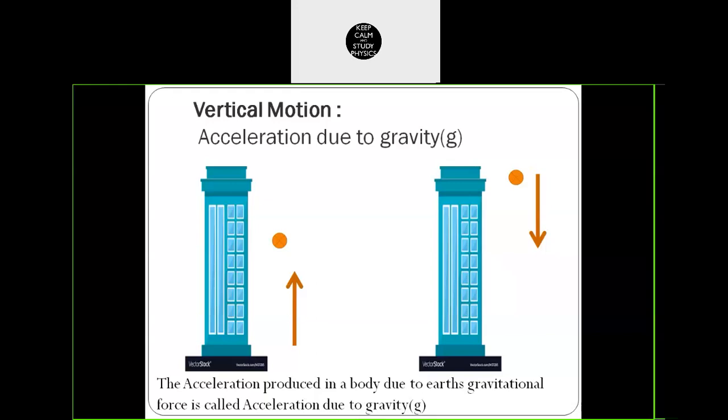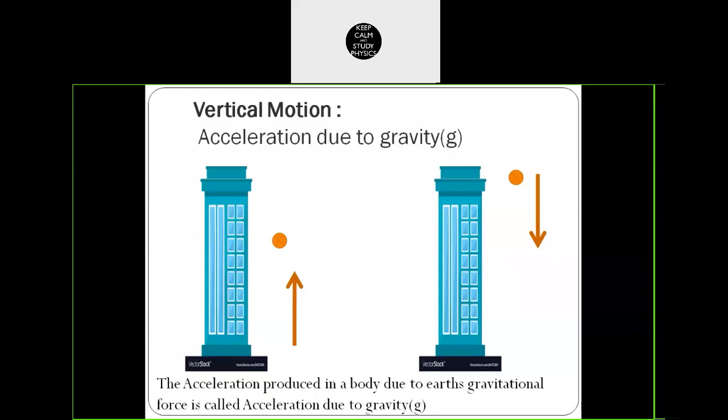It goes high in the air and again comes back. Due to gravity, right. At the top, the ball's velocity is zero.